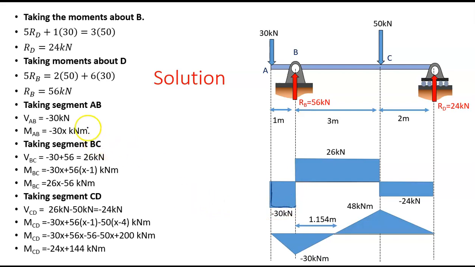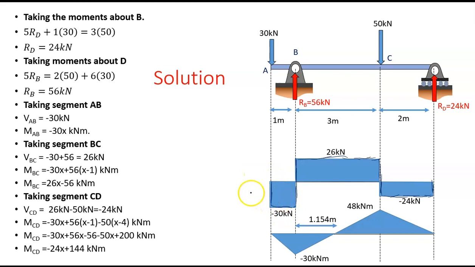And then from B to C is 26, so it comes up here, 26, and continues all the way over to C. And then from C to D it goes to minus 24, so it comes back down to minus 24. And then it hits the 24 kilonewton here and brings it up. So that's the shear force.